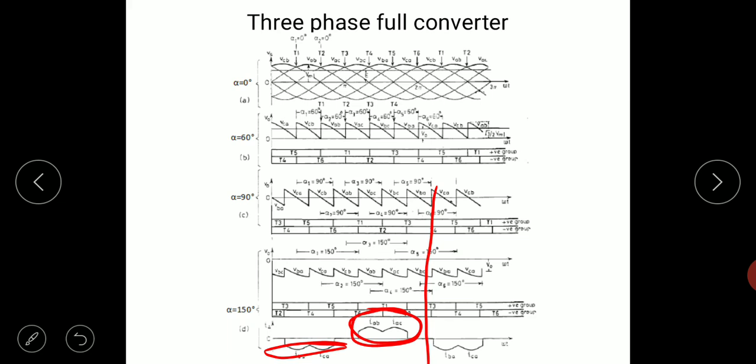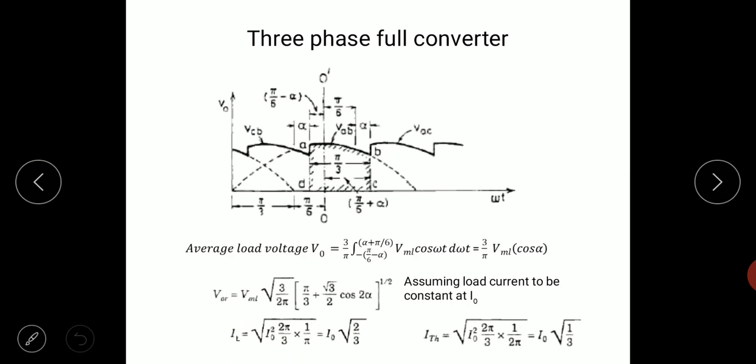You will not get negative current in the thyristor. So here we have multiplied by 120 degree and divided by 360 degree, the time duration multiplied by I naught square, under root. You will get the RMS value. This comes out as I naught root 1 by 3.